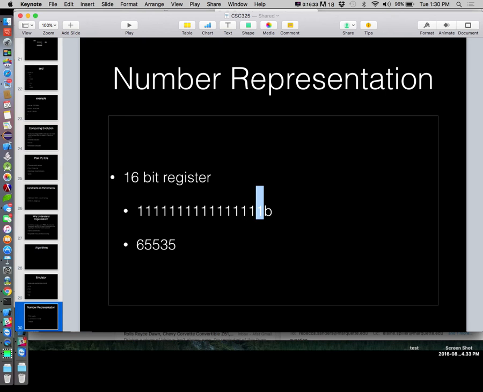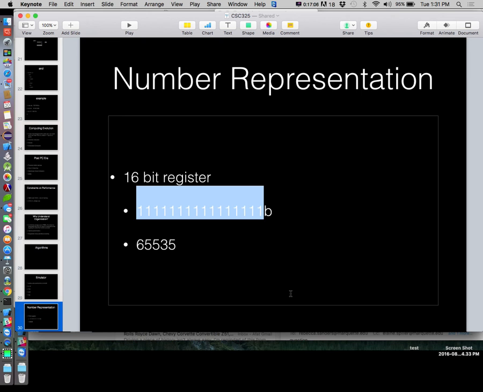This is the ones place, 2s, 4s, 8s, 16s, 32s, 64s, 128s, 256, 512, 1024, 2048, 4096, 8192, and so on. Just keep multiplying by 2 for the last couple. Then you add all those guys together and you get 65,535. Okay, the range of values is 0 to 65,535.